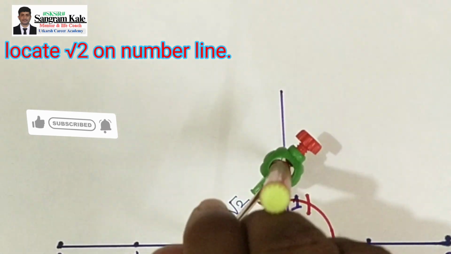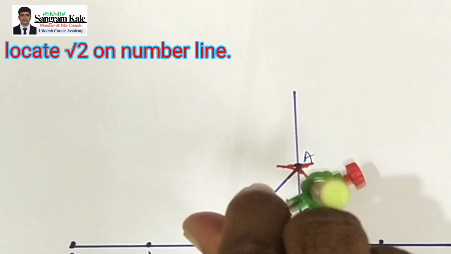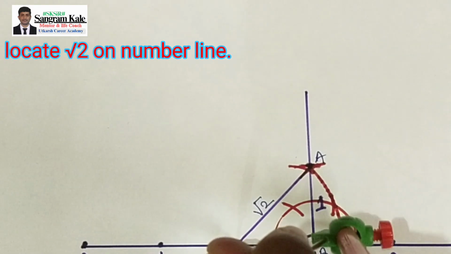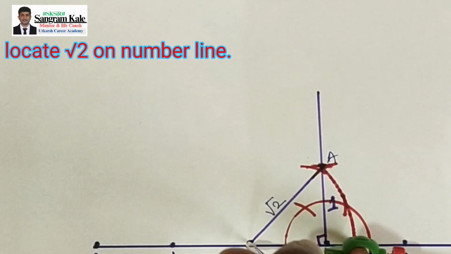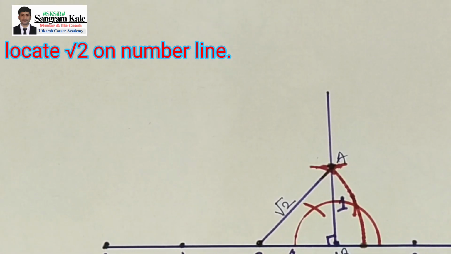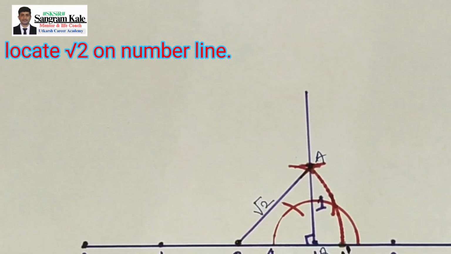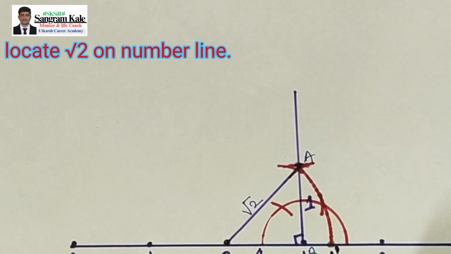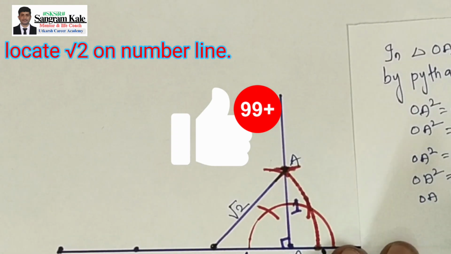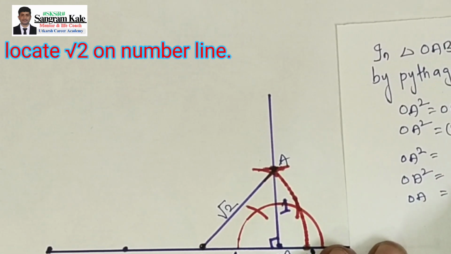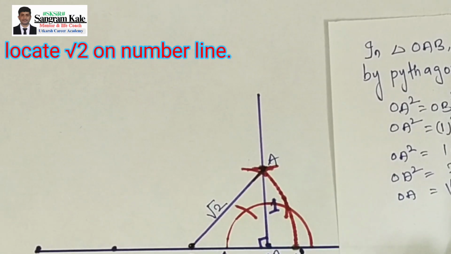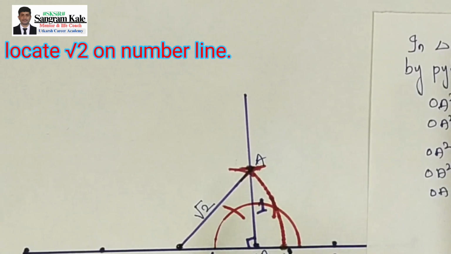Where it intersects, give the name A dash. Means OA is equal to OA dash, both are equal. Then definitely this line is a real number line, and we are representing root 2 on the number line.